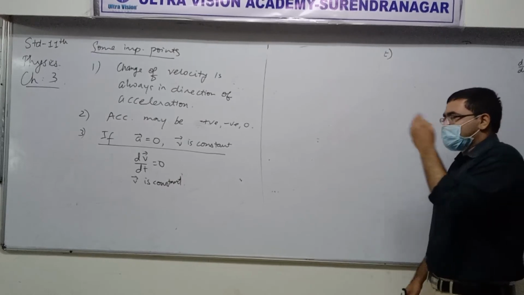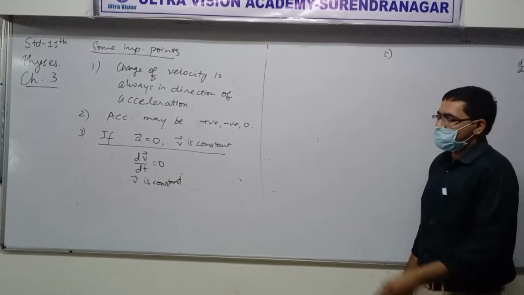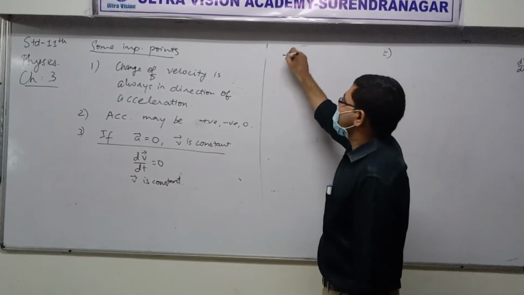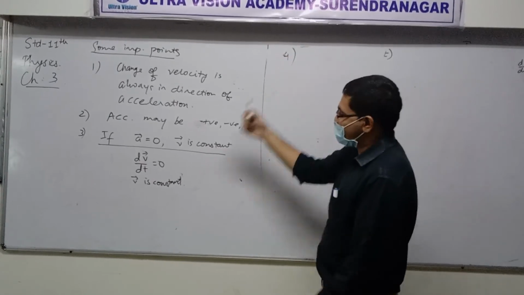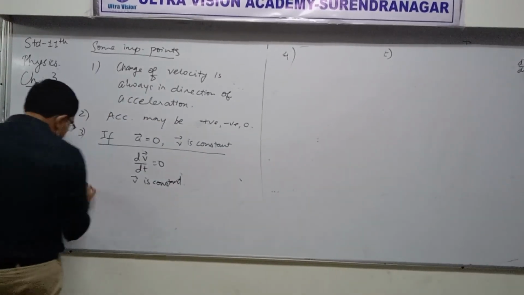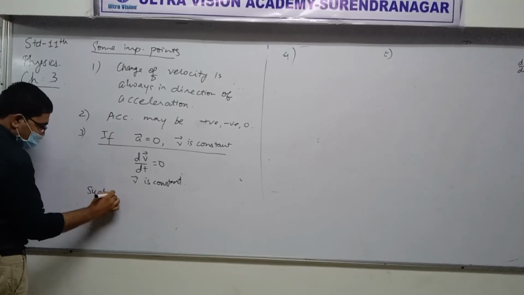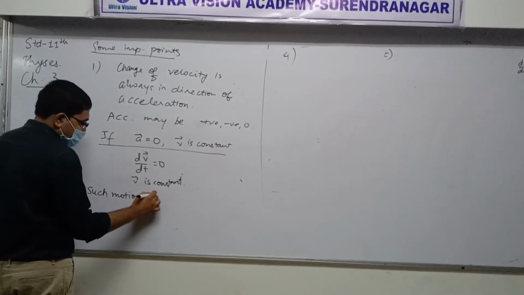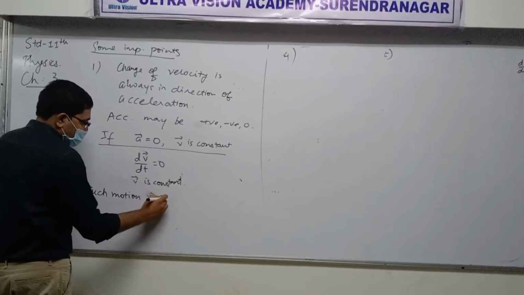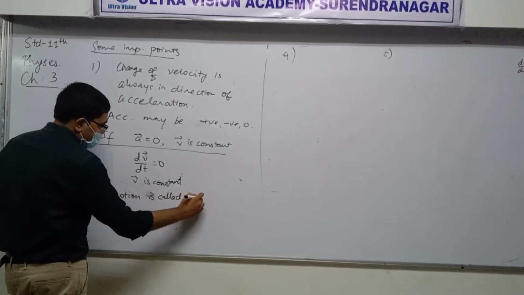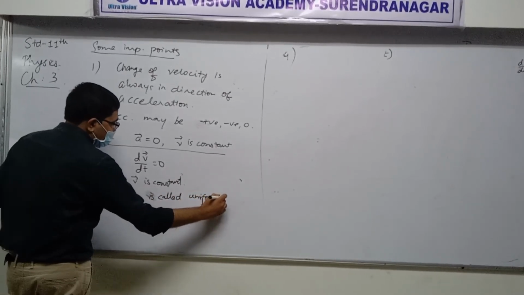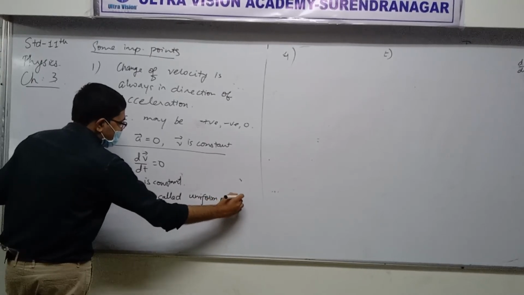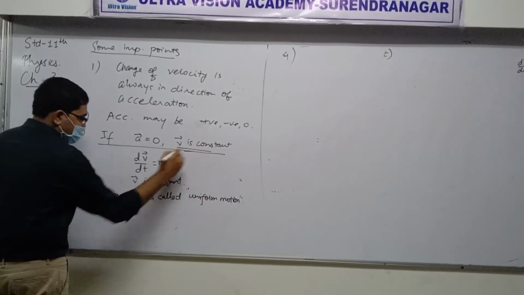Okay, so acceleration is 0, velocity is constant. That's what we have. Next, it was a background rule. Such motion, this is something that you have learned in 9th, such motion is called uniform motion. Do you remember? Uniform motion means velocity remains constant.